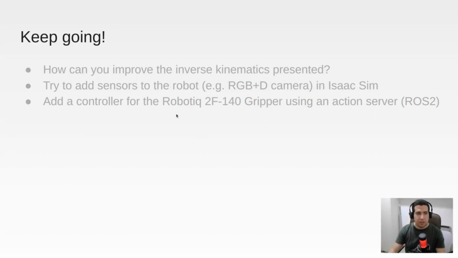And also, we can't yet control the robotic gripper in simulation, but it should be pretty easy. It just works in the same way as I did for the joints. So try to implement it in ROS2 and connect to the Isaac Sim simulation.